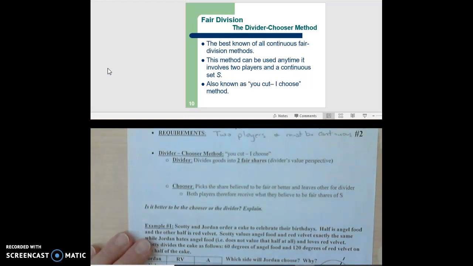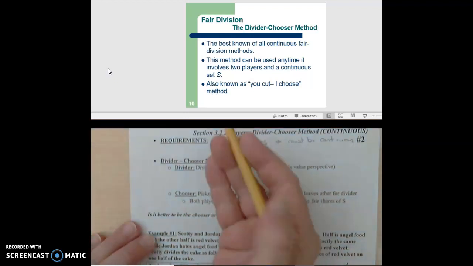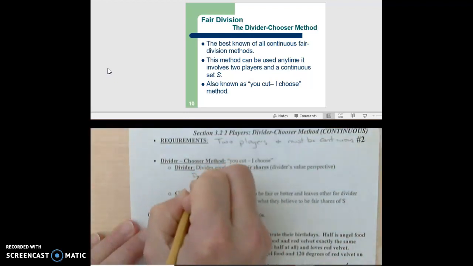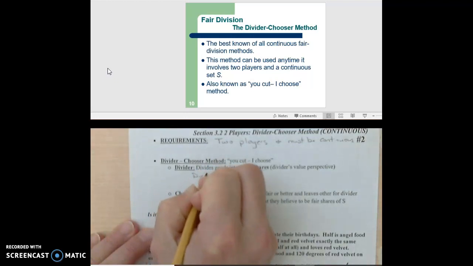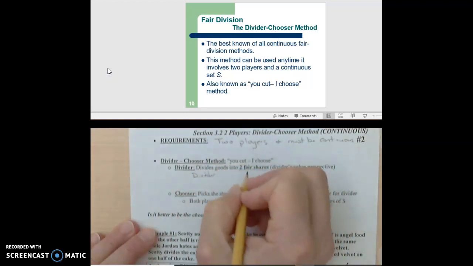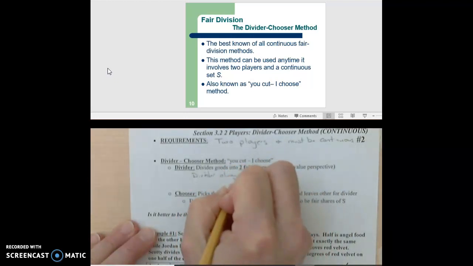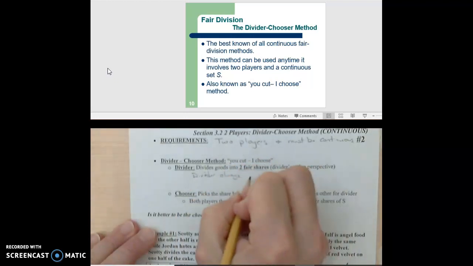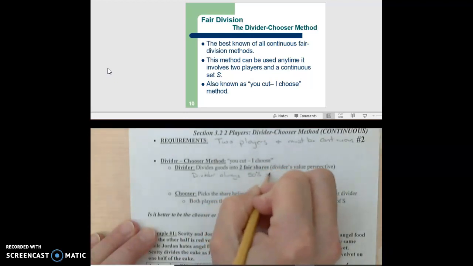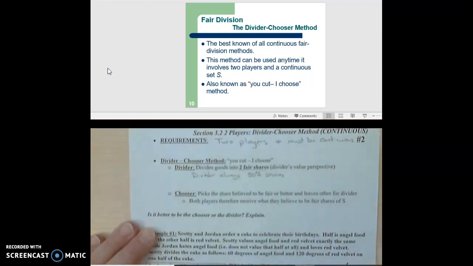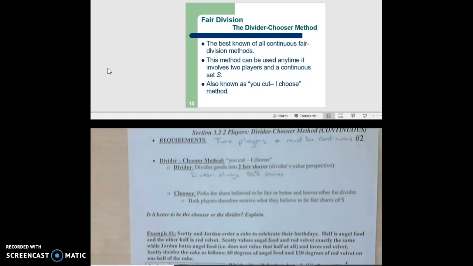So when you are the divider, you will always break it up into 50% shares, because you're always going to want to get your fair share.